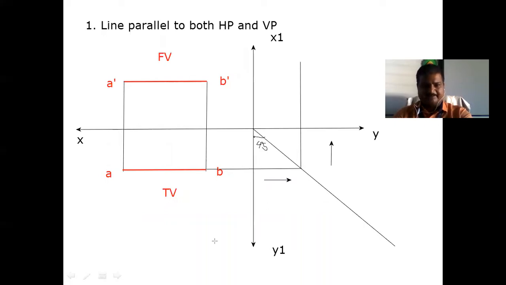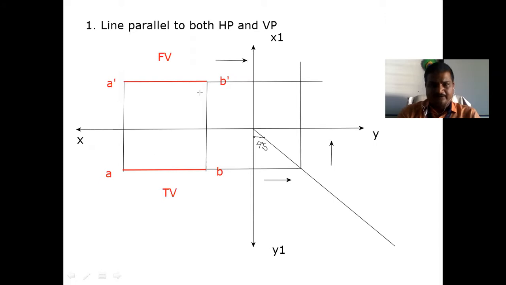And at the same time, I will extend the locus from this particular A dash B dash, and the direction of extending the locus is towards this profile plane.